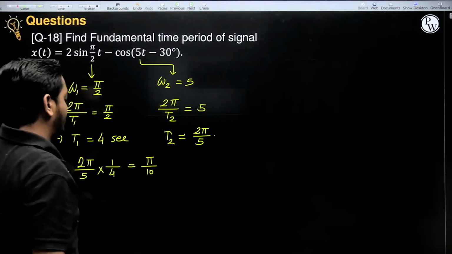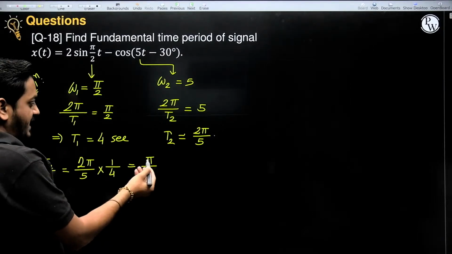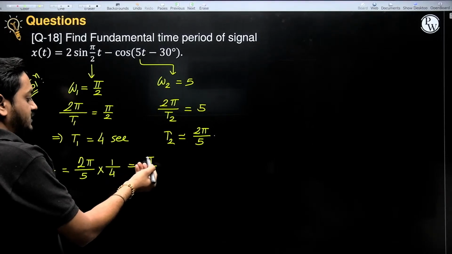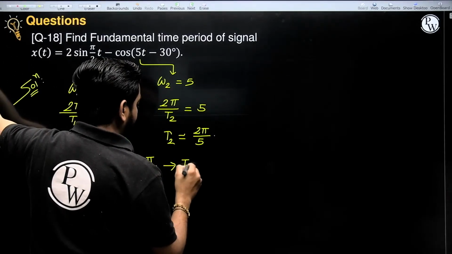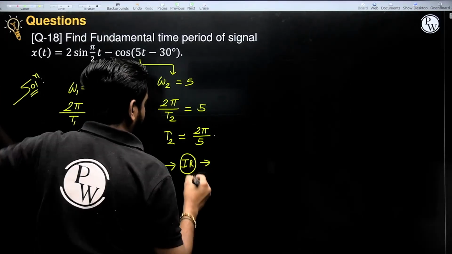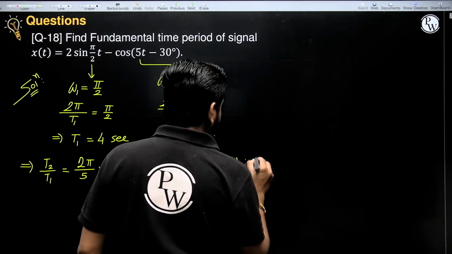Now tell me, pi by 10 is a rational number or irrational number? So this pi is a non-integer and this is an integer. The ratio of a non-integer and an integer is always an irrational number. So this ratio is irrational, and that's why we can say x of t is an aperiodic signal.